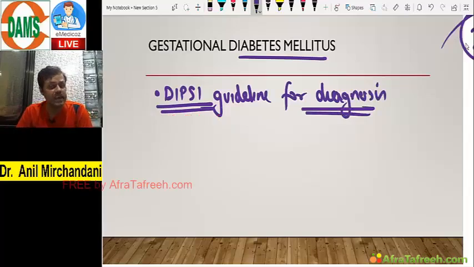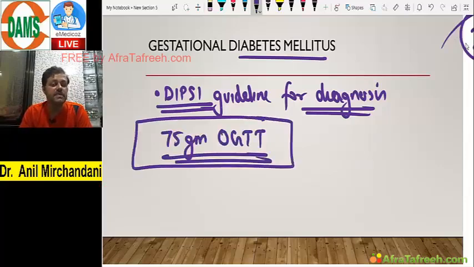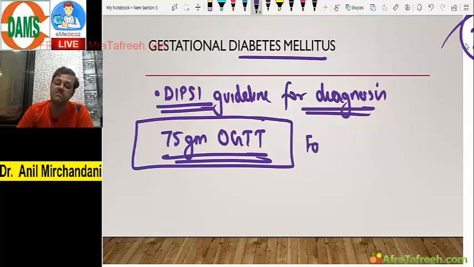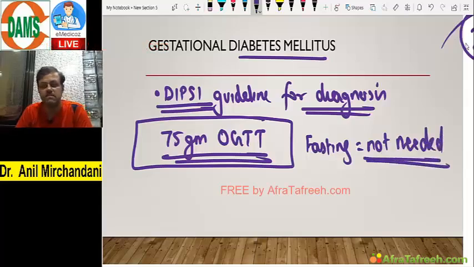DIPSI guideline is a 75 gram oral glucose tolerance test, OGTT. Fasting is not necessary. If the patient is coming to you having had food, no problem.